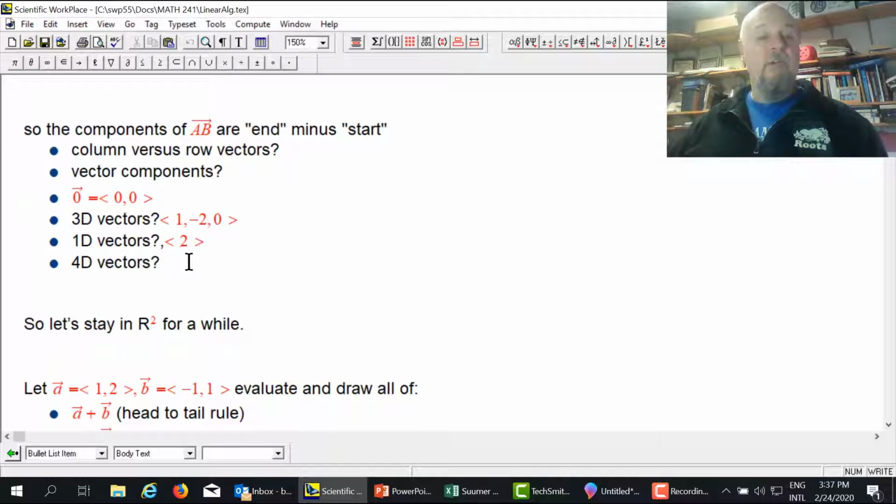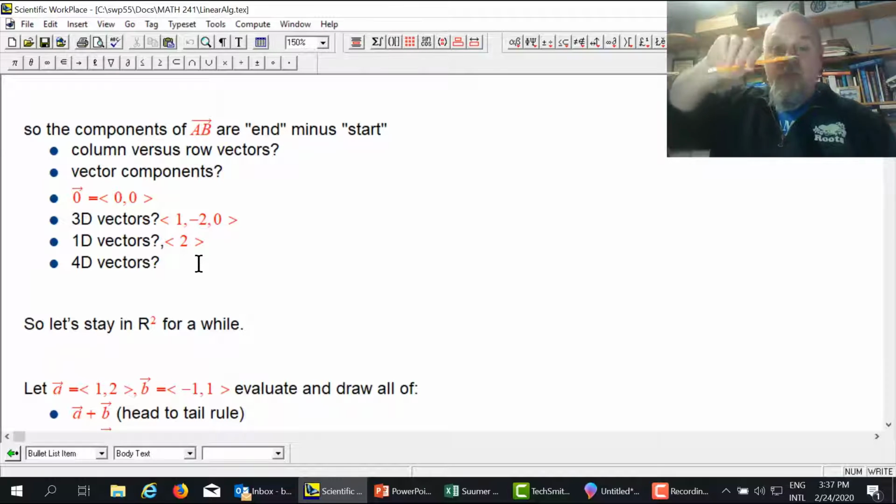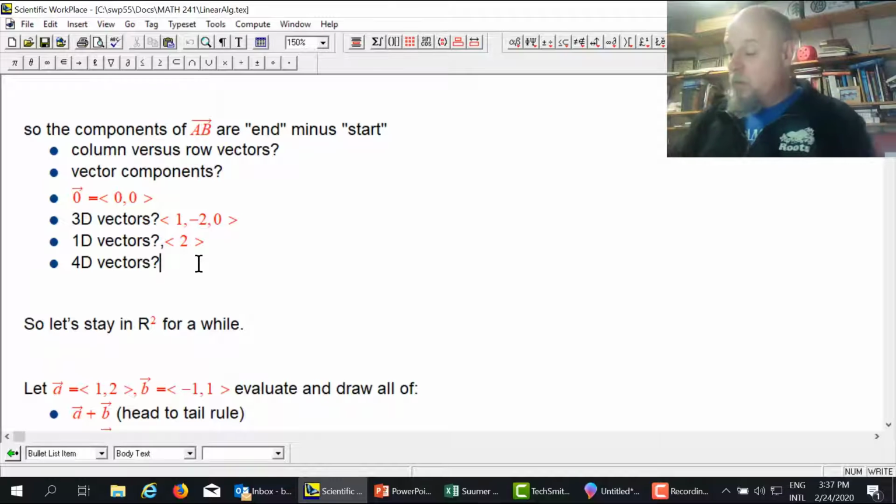What about 4D vectors? Sure, but a 4D vector, I can't hold anything up and spin it around in 4 dimensions and show you, but algebraically I can write them. There's a 4D vector. What does it look like?